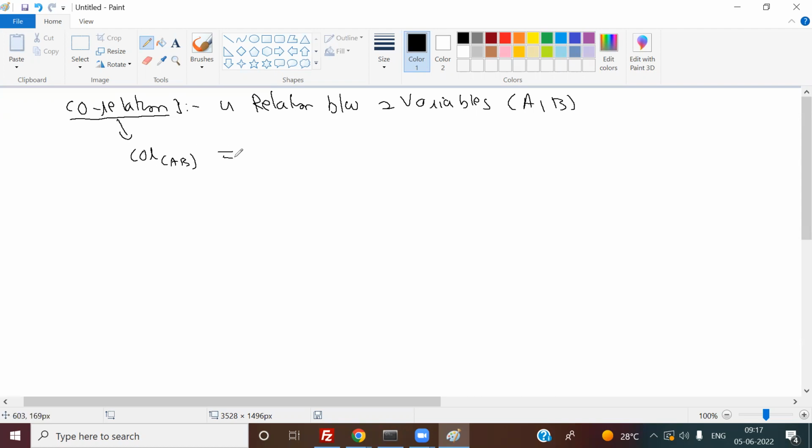The formula for correlation would be covariance of AB divided by sigma A into sigma B, where sigma A is the standard deviation of A and sigma B is the standard deviation of B. And this is covariance. So covariance is something like variance, but this time we are finding it for both A and B.